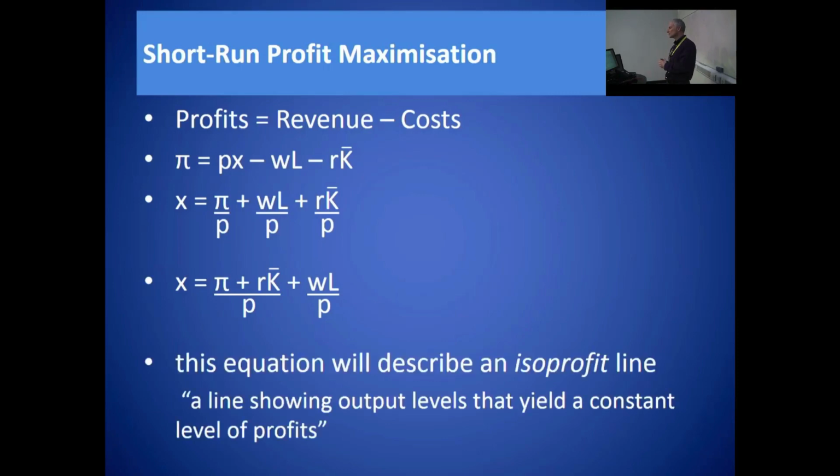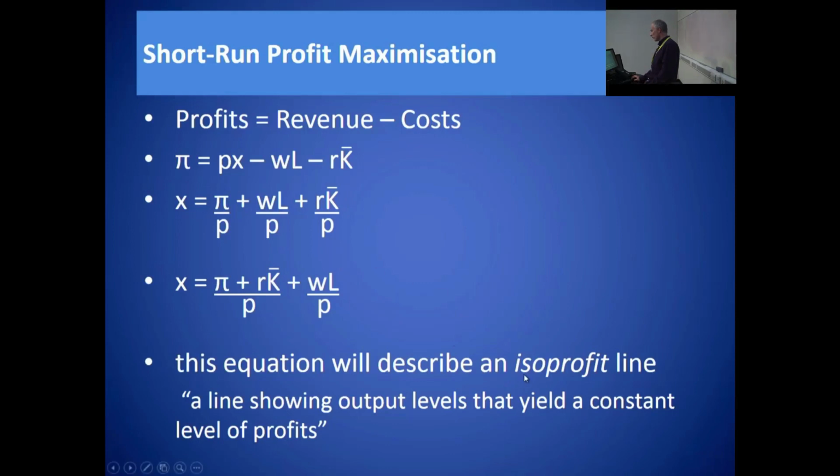Because that is a very specific form that's useful for us. That equation between output and labour describes what is known as the firm's iso-profit line. So when we looked last week, we had an isoquant, a curve that showed equal quantities. That term in the front, iso, meaning equal.